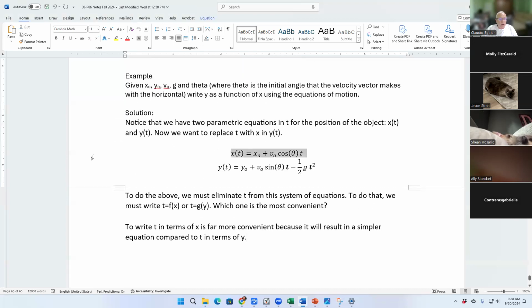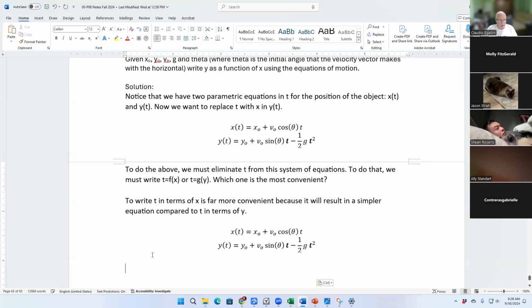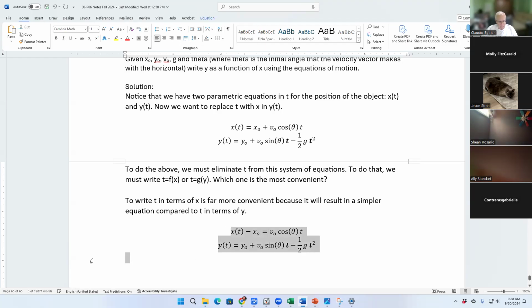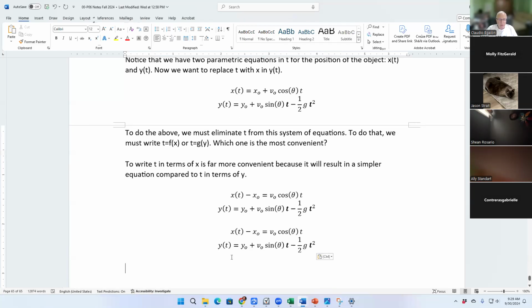Okay, so here we go. I will copy and paste those two equations here. For t, the first step in solving for t is this one here, right? I'll keep my second equation there. I'm not going to do anything else.